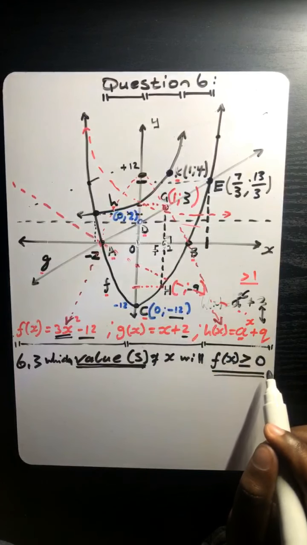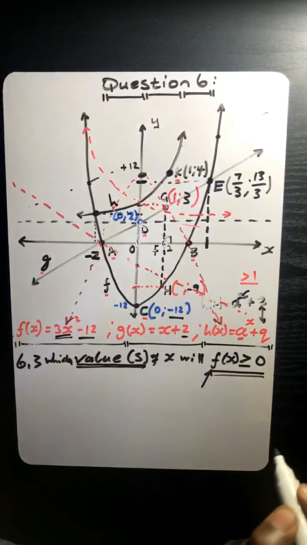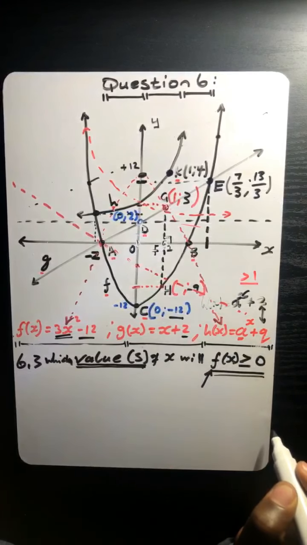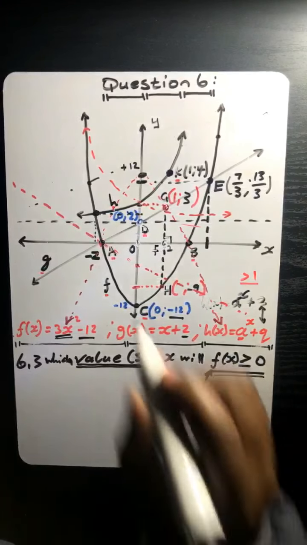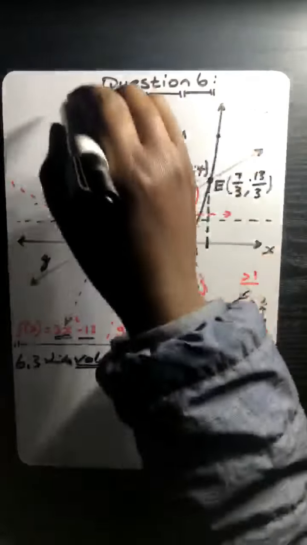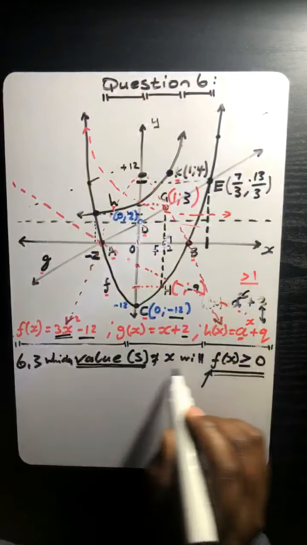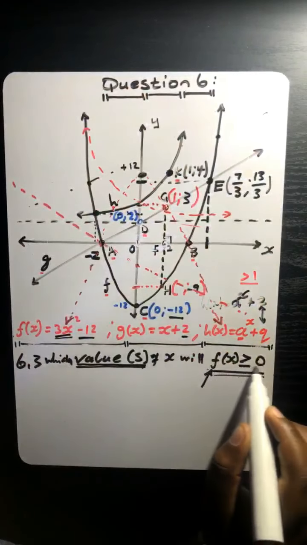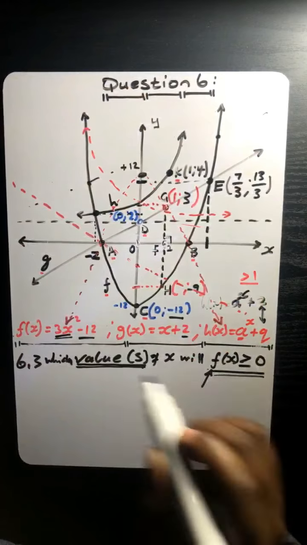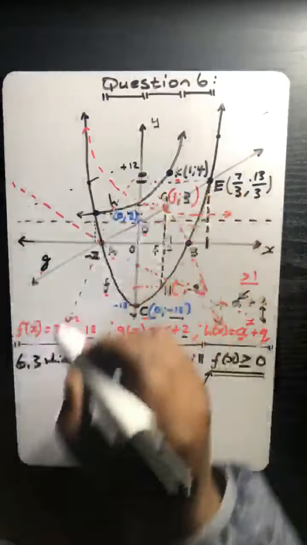But let's try to check something, guys. For the fact that they are talking about f of x, that means they are talking about that function. So Shravan, if they were saying for which values will k of x be equal to that, then we would be focusing on that one with that shape.